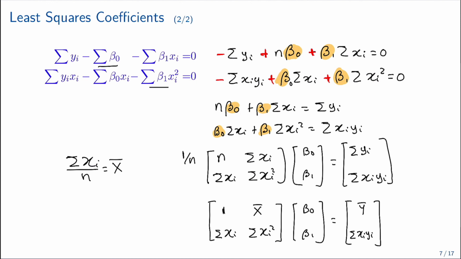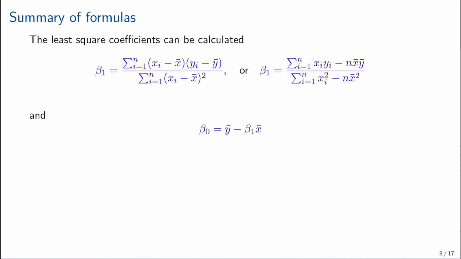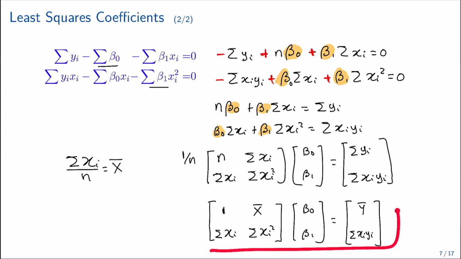Now we can solve for beta 0 and beta 1, and I'll leave it up to you, but it's very straightforward. And when we do, we can find this for beta 1, and then we replace the value in beta 1 to get beta 0, and we obtain this value. This is an equivalent equation for beta 1, but this one is easier to compute, and is the one that you will obtain if you use this form here.